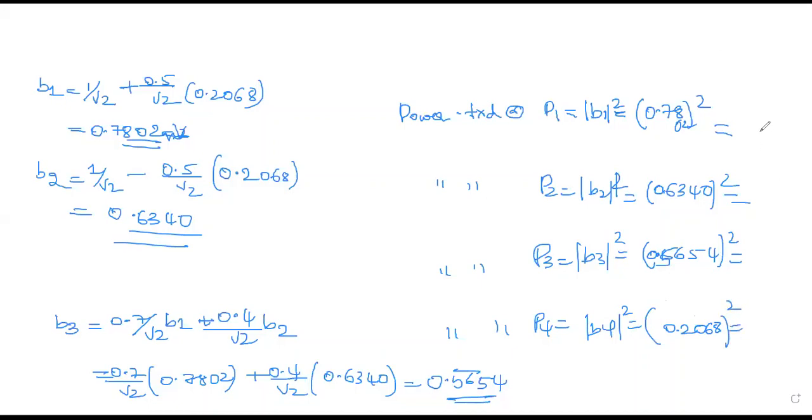Okay, what is the answer? First one, 0.6087 watt. Okay. This one, 0.4019 watt. Okay. Port 3, 0.3196 watt. Okay. And 0.0427 watt. Okay. Others, are you getting the same?